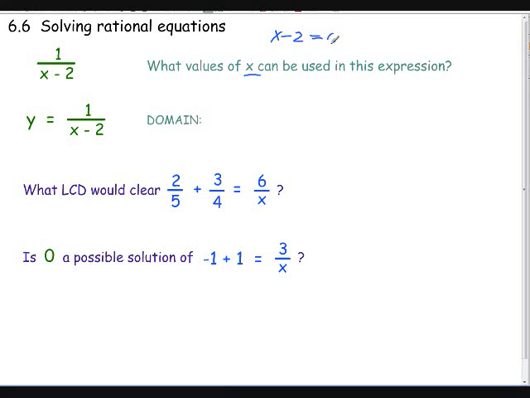If that were to equal 0, I'd be violating a very important rule, wouldn't I? You may not let a denominator go to 0. What value of x would cause this denominator to go to 0? That's right.